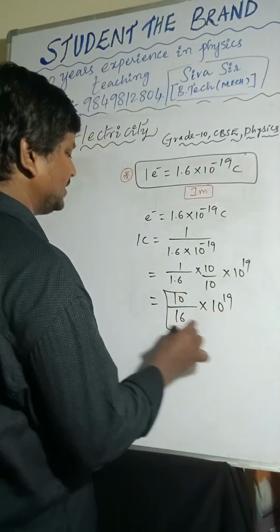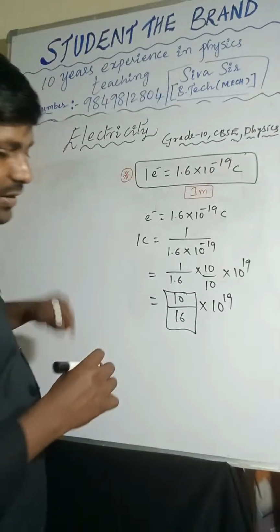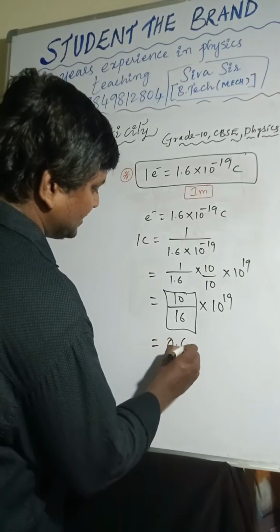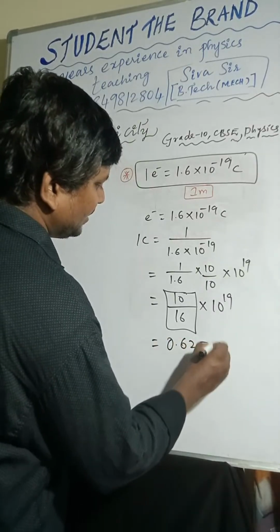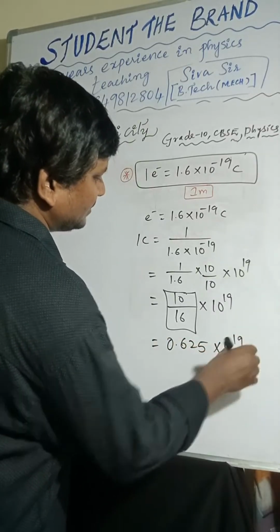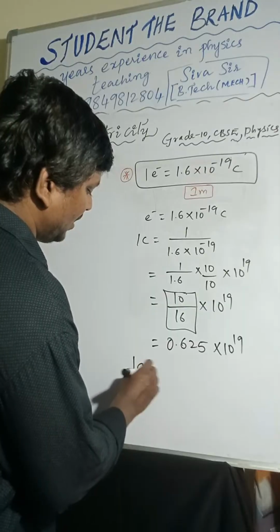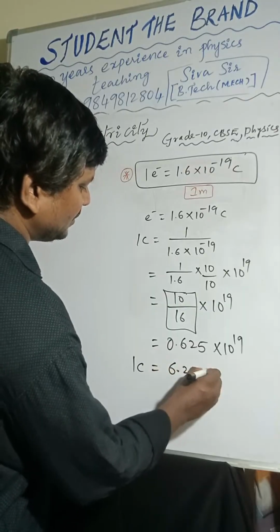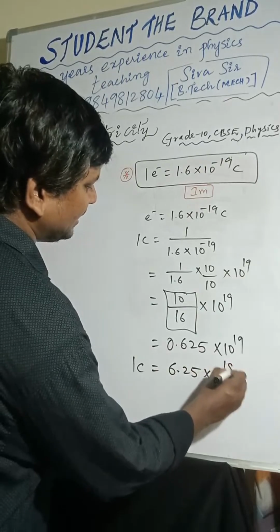So if you do 10 by 16, you will get 0.625 into 10 power 19. So in 1 coulomb there are 6.25 into 10 power 18 electrons.